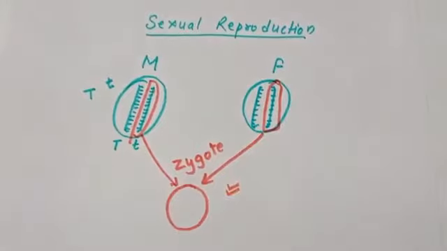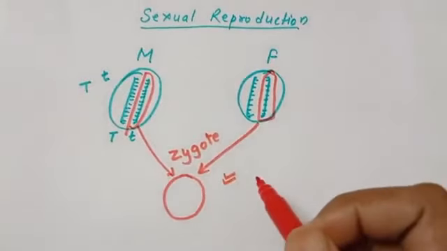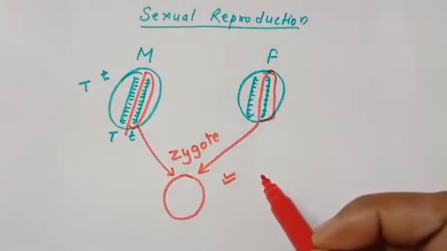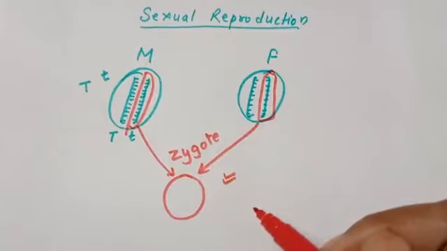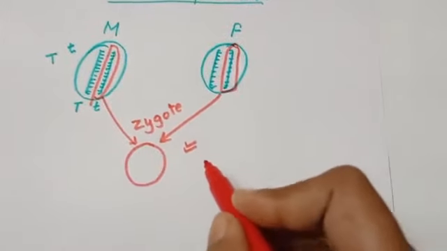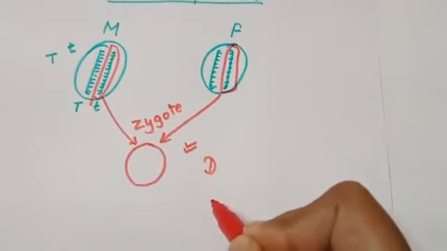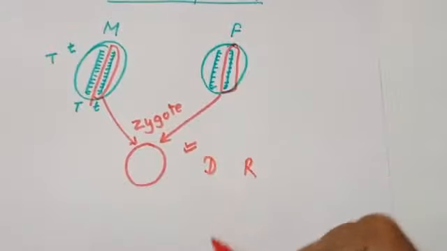So we can say that genes are responsible for transferring the traits, as well as being the ones through which the traits get expressed, because we know that genes can be dominant or recessive.